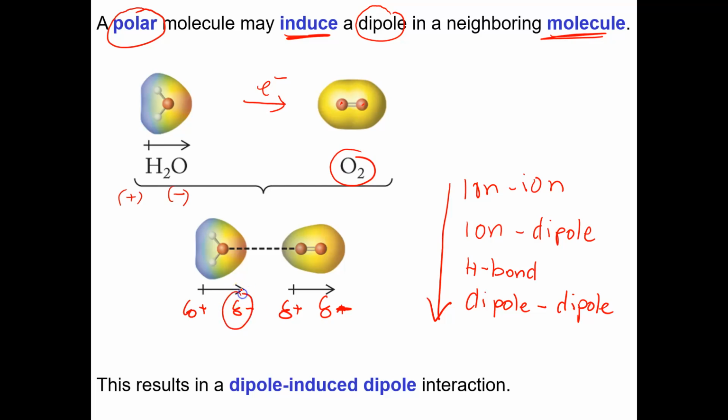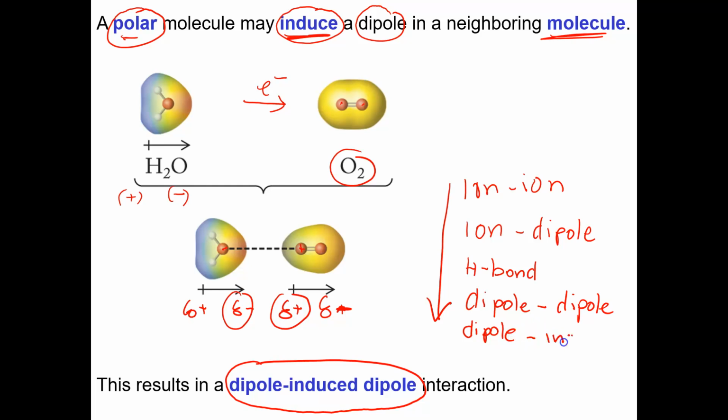So now we have a negative charge adjacent to a positive charge, and these two things are going to attract. What happened was that a polar molecule induced a dipole in a neighboring nonpolar molecule, and that caused them to be attracted to one another. This is called a dipole-induced dipole interaction. It can exist between a polar molecule and a nonpolar molecule.